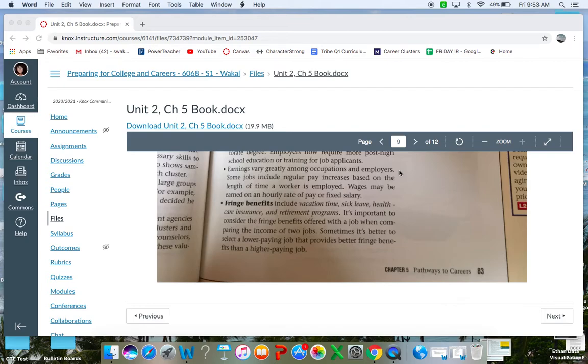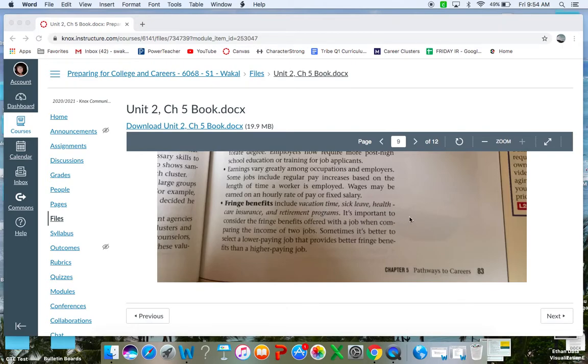So if I was to become a registered nurse, and I just finished college, and I was looking for a job, and Hospital A was in a bigger city, and I would be making $5,000 more starting out. Hospital B, I would be making $5,000 less than Hospital A, but Hospital B has better fringe benefits, and it works out to be that I'm making $7,000 more at Hospital B because of the fringe benefits like vacation time, sick leave, health insurance, retirement programs.